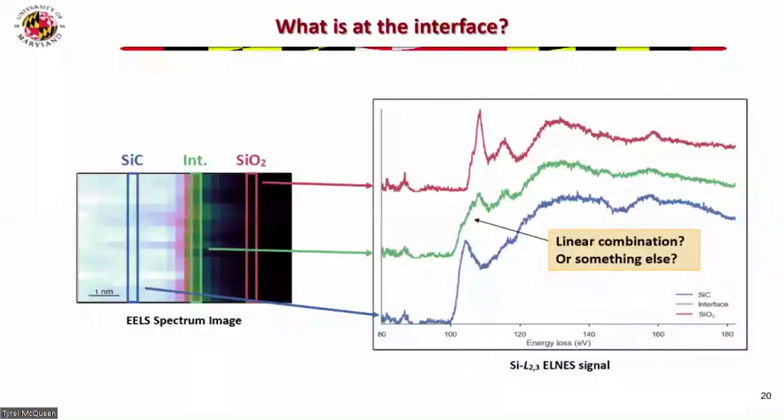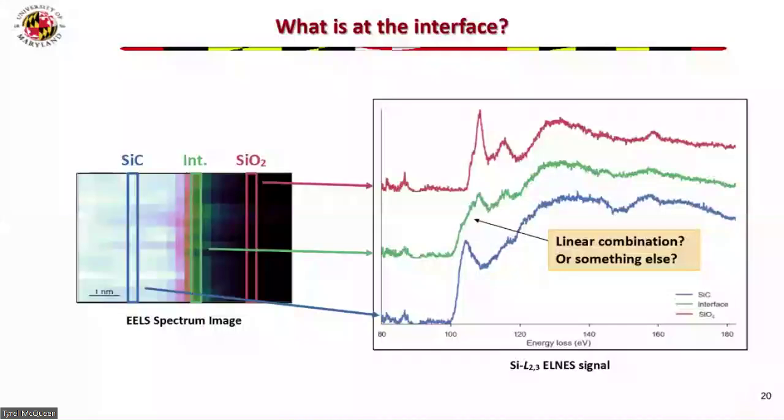With this analysis, we can see that in this sample, at the interface, when there's no annealing of the sample, there are really 3 components. All this area in blue has this spectrum for the silicon L23 signal. The green is slightly different.